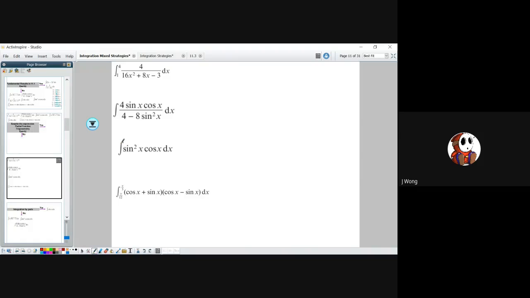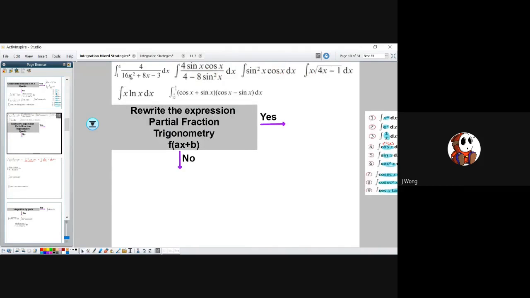The integral of 4 over 16x squared plus ax minus 3 will be 4 over 4x plus 3 and 4x minus 1, and then you could decompose it into partial fractions. Once you know the values for a and b, you could directly integrate that using the technique f of ax plus b.